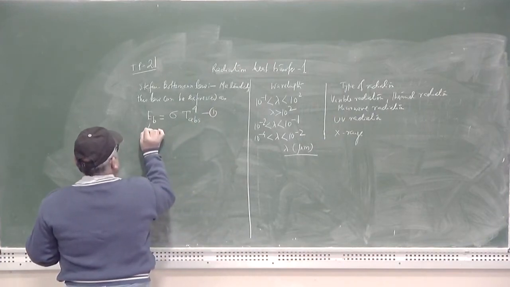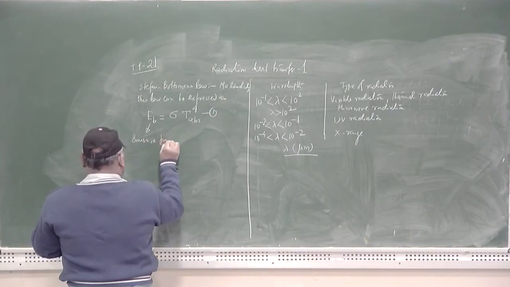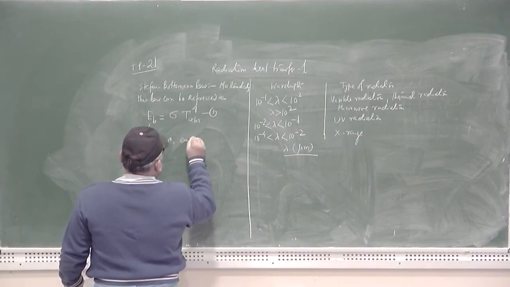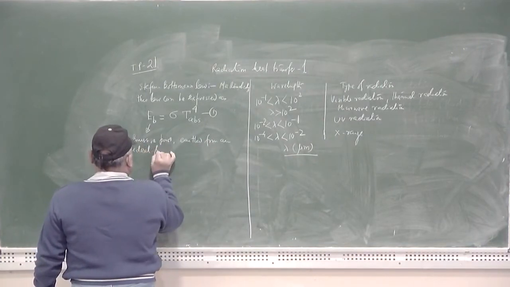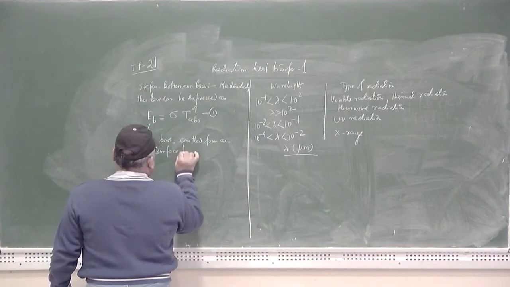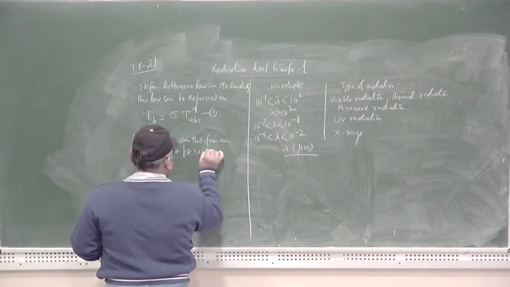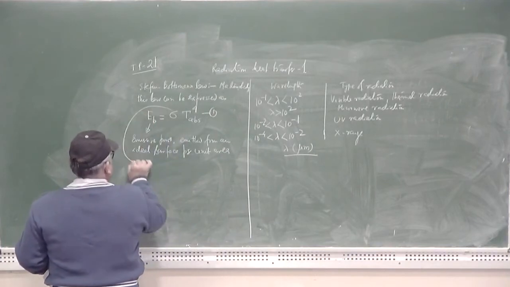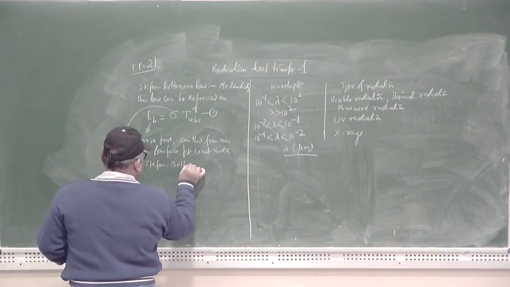This E B is called the emissive power emitted from an ideal surface per unit area. This sigma is called the Stefan-Boltzmann constant.